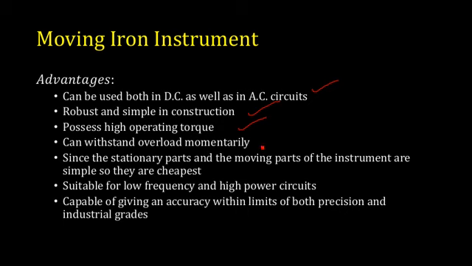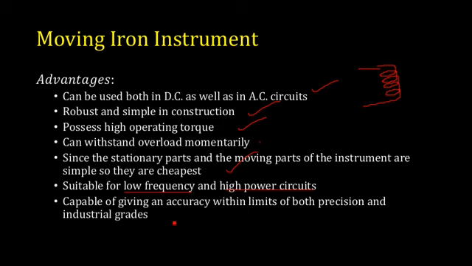They can also withstand overload momentarily because the fixed coil which carries the current has some overload capacity. They are simple and cheap. They are suitable for low frequency and high power circuits. When you move to high frequency circuits, you will have some errors introduced which can be minimized.